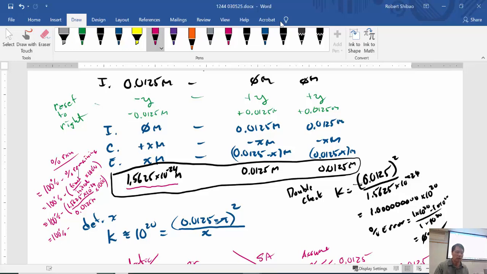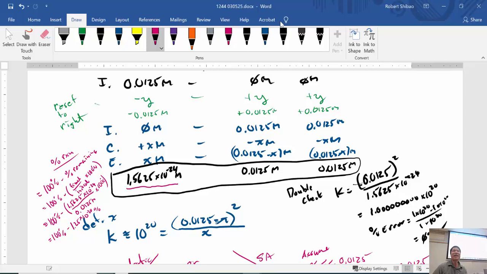I'm going to do 1.5625 times 10 to the minus 24 divided by 0.0125 times 100. And I get 1.25 times 10 to the minus 20. Okay, and then I'm going to change the sign on that and add it to 100.